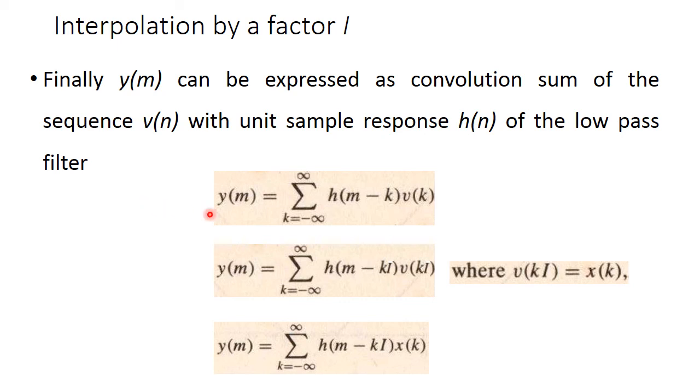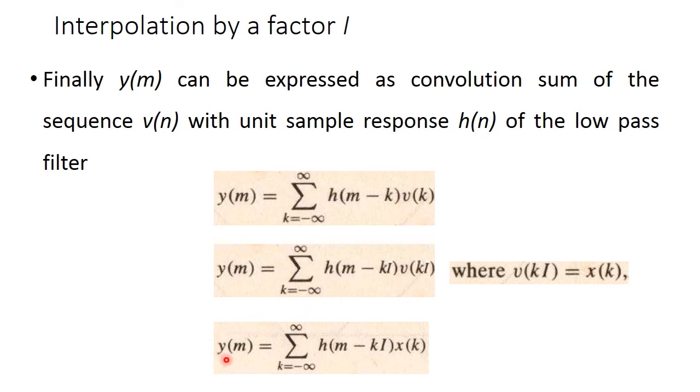So y of m is equal to summation from k equal to minus infinity to plus infinity h of m minus k into v of k, where v of k is the sample already upsampled by a factor I. We can write this as v of kI, but v of kI is x of k, so it is coming from the input.